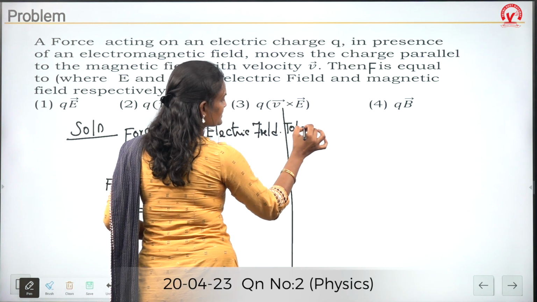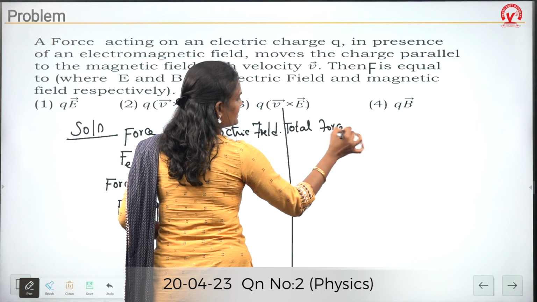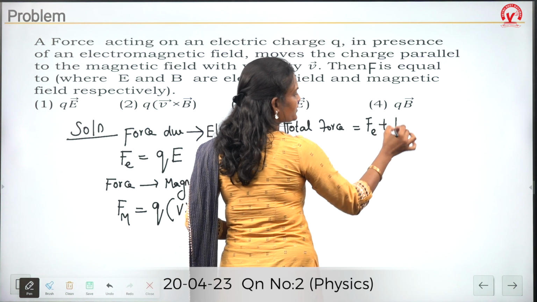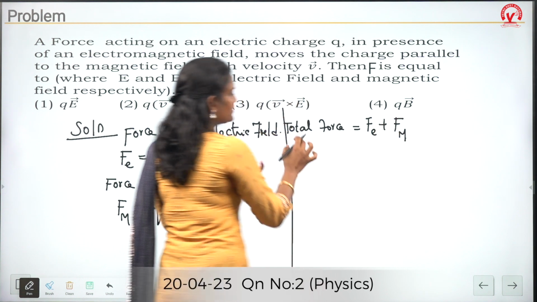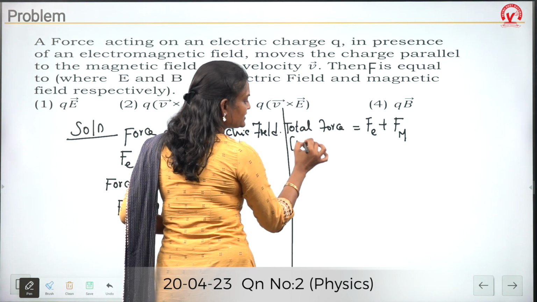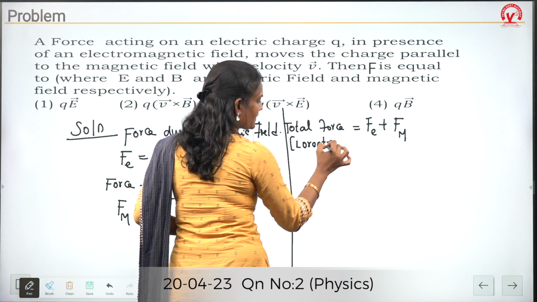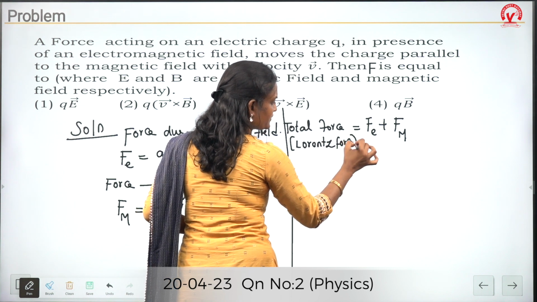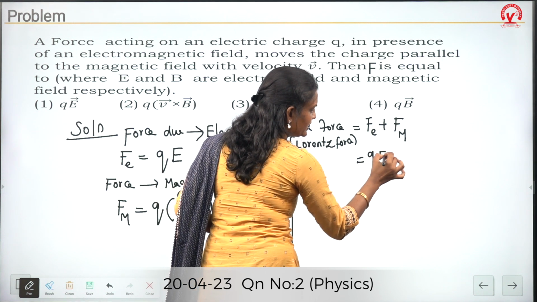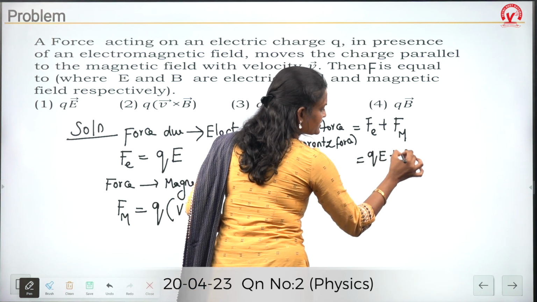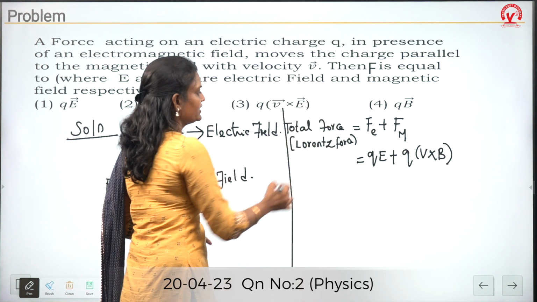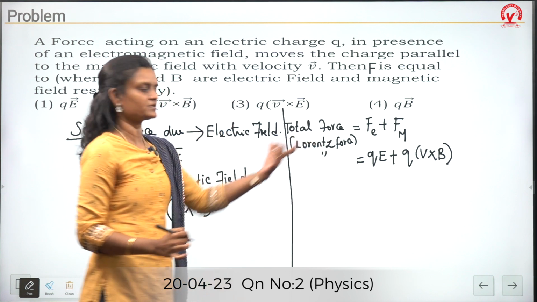Total force is equal to the force due to the electrical field plus the force due to the magnetic field. That is nothing but the Lorentz force. So it is equal to QE plus Q into V cross B.